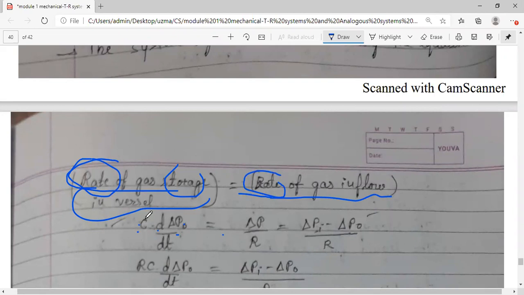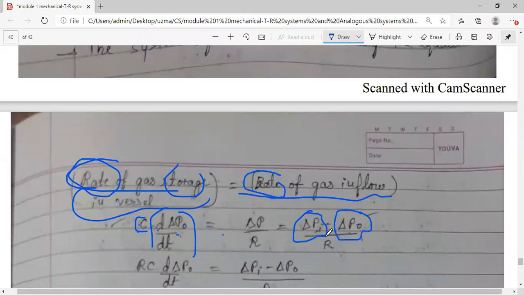So storage: this vessel has a certain capacity C into the change in the pressure, and at the vessel side the change in the pressure is delta P naught. So C d by dt of delta P naught is equal to the change at the inflow at the source side minus the change at the vessel side.